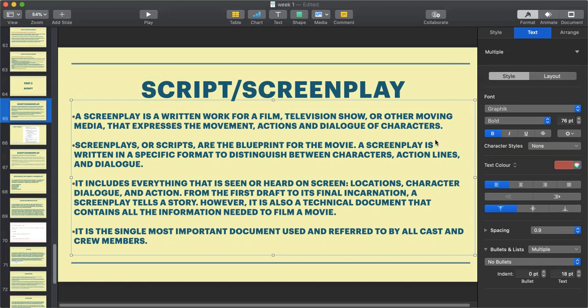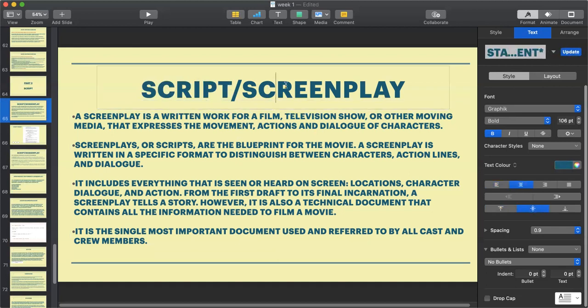Now, you need to understand this difference between the story and the script or screenplay. We will think of script and screenplay as the same. Sometimes I might mention script, sometimes I might mention screenplay. Do not get confused. When you are writing a story, you're writing it for reading purposes, right?